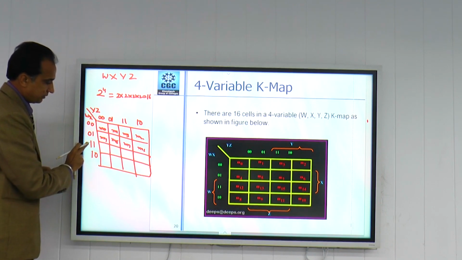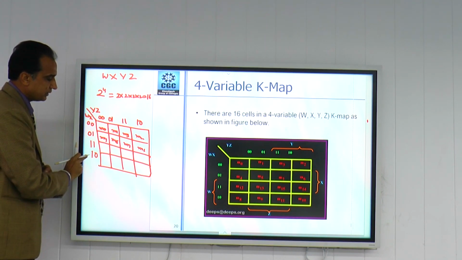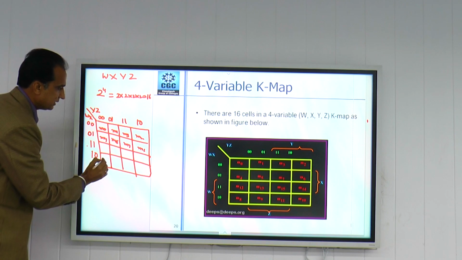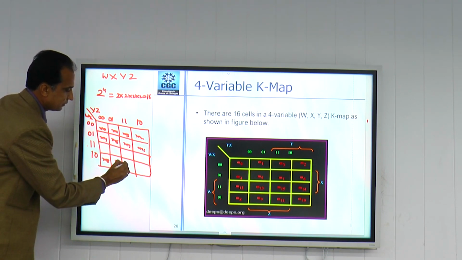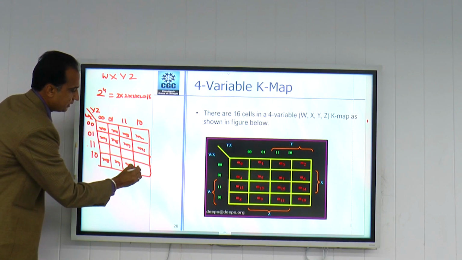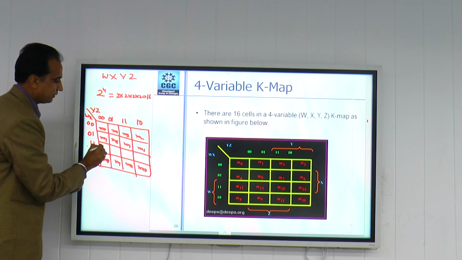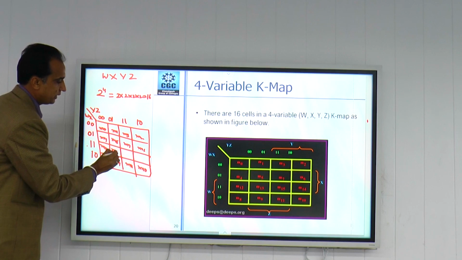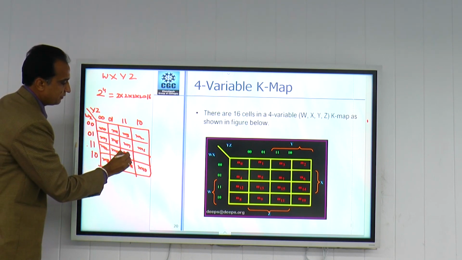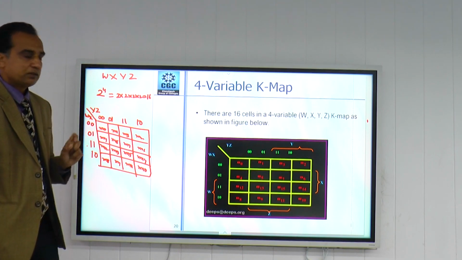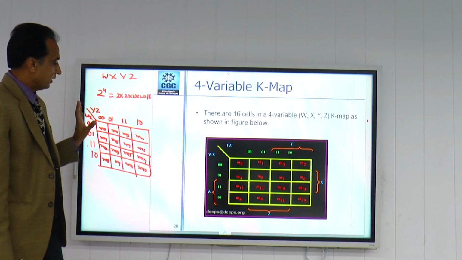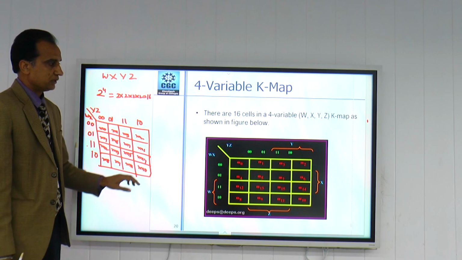Then because these 2 values are interchanged, the next one is M8, M9, M11 and M10, then M12, M13, M15 and M14. This is how we are going to fill the K-map with the help of 4 variables.